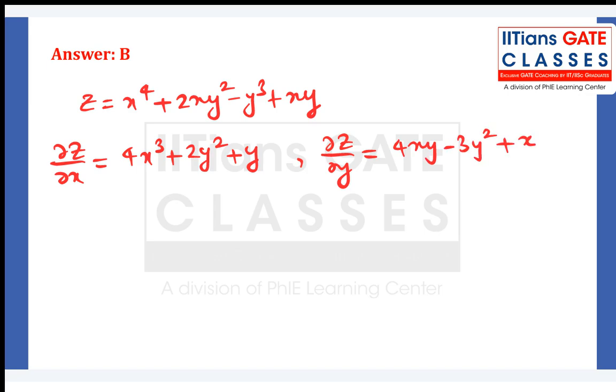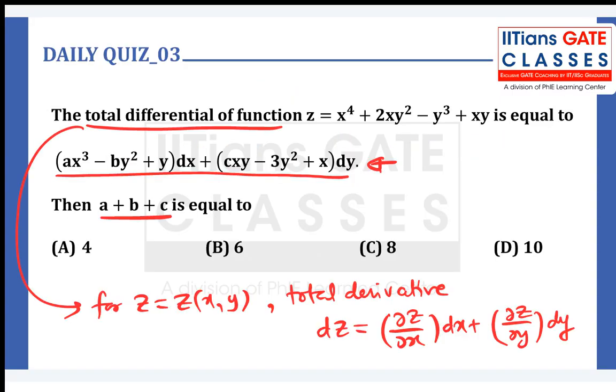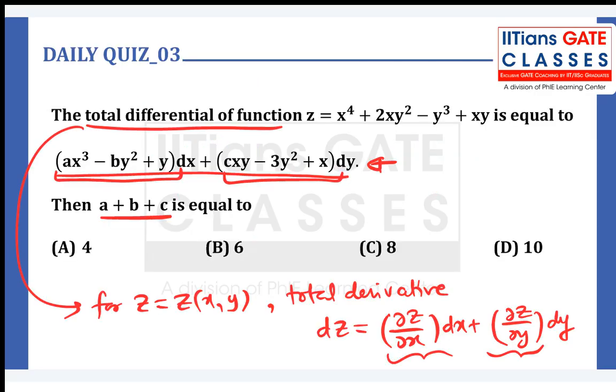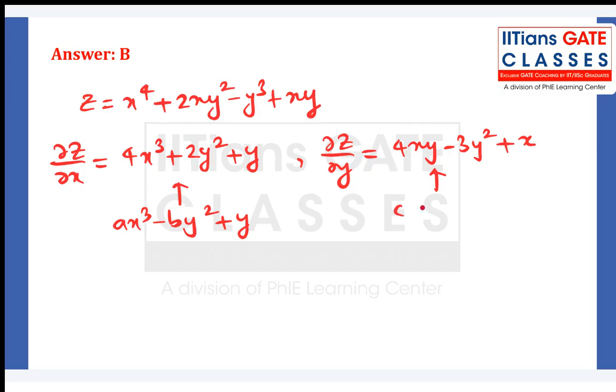Now you are supposed to compare this with these brackets. I'll just write it there. That is ax cube minus by square plus y. This is supposed to be equal to ax cube minus by square plus y, and this is supposed to be equal to cxy minus 3y square plus x.